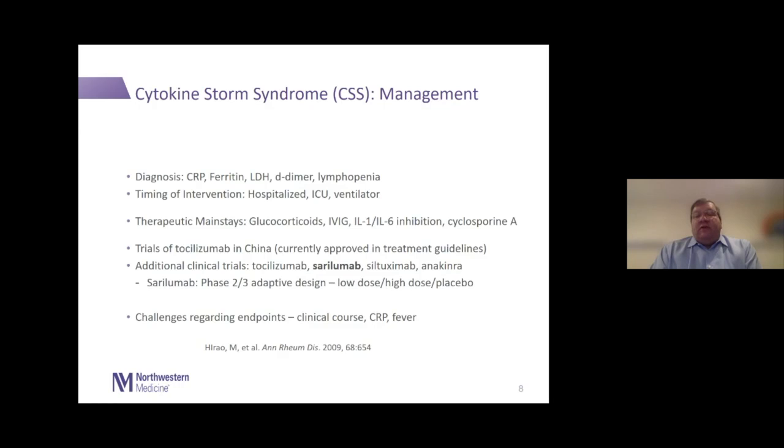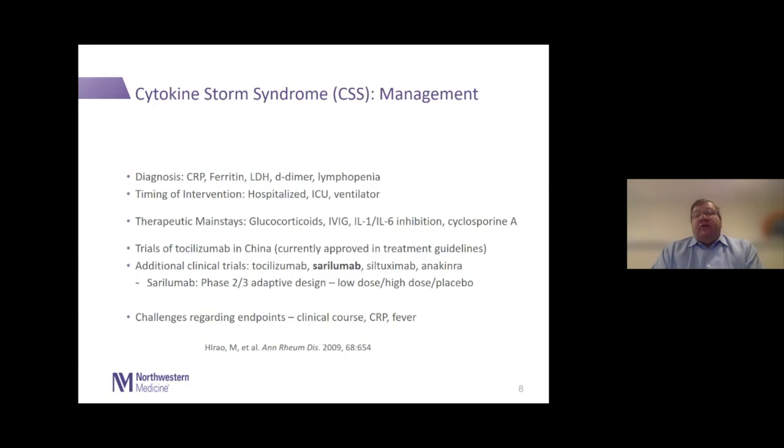Is it appropriate to analyze and identify all hospitalized patients, just patients who are sick enough to be in the ICU, patients who require ventilatory support, or are they perhaps too late in the spectrum in this syndrome? Over the years, for all the diseases in this constellation, the mainstays of therapy have been glucocorticoids, intravenous immunoglobulin, interleukin-1 and interleukin-6 inhibition, and there are a number of therapies that do that.